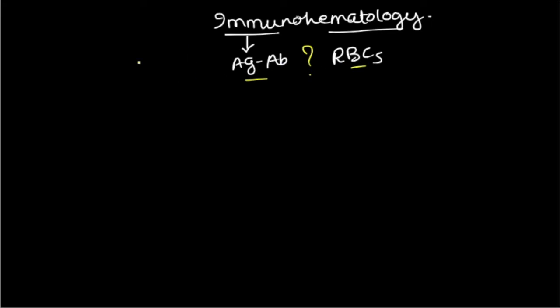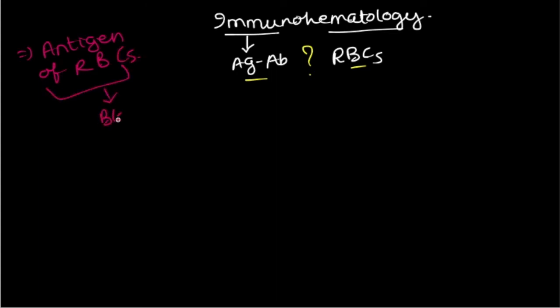Now, talking about the antigens present on the surface of RBCs, they basically designate the blood group.